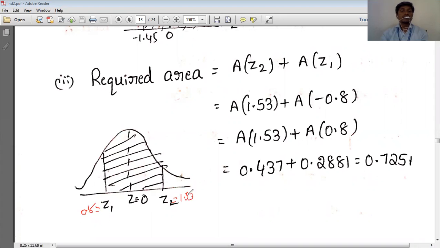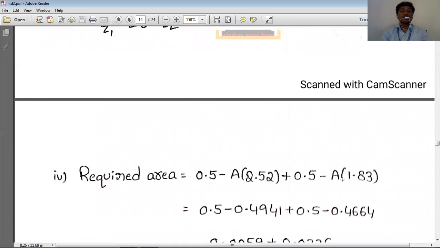So area of Z2 plus area of Z1. Z2 is 1.53 and Z1 is 0.8, and these areas are from the tabular values. So for 1.53 we see 0.4370, and for 0.8 we already got 0.3881 by seeing the tabular values. Next, 0.751, and the last one.